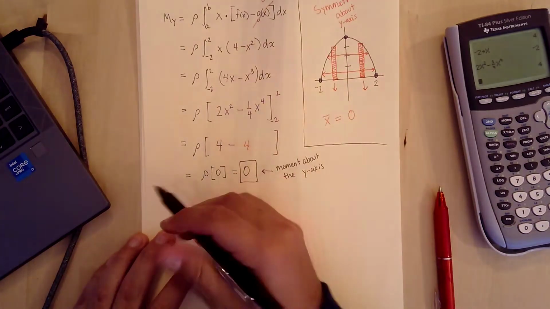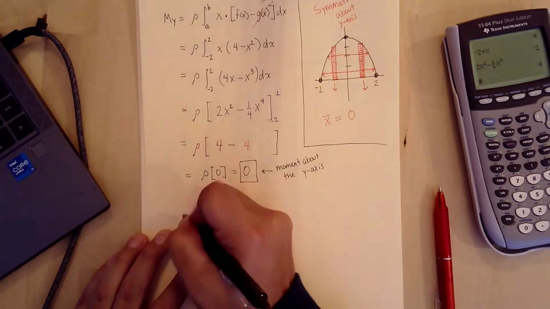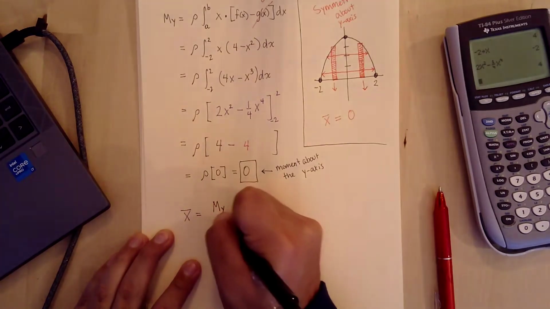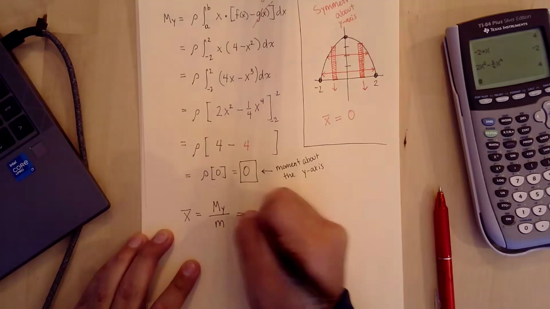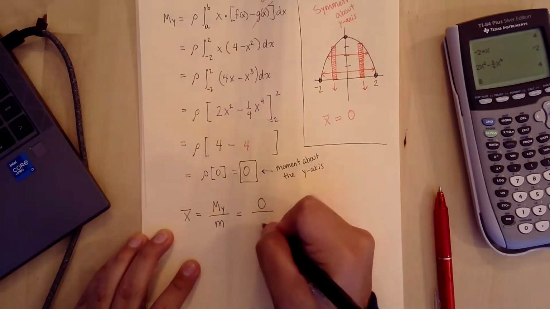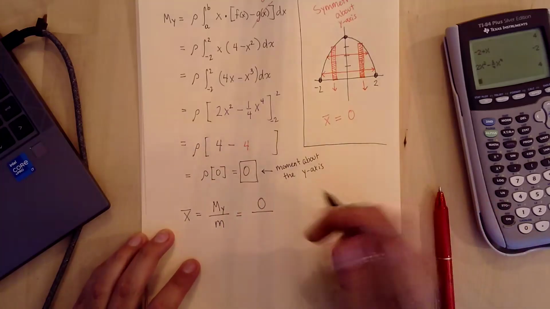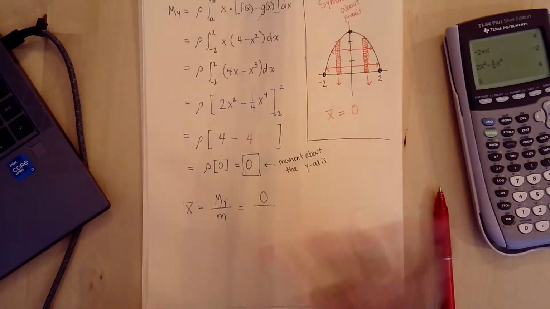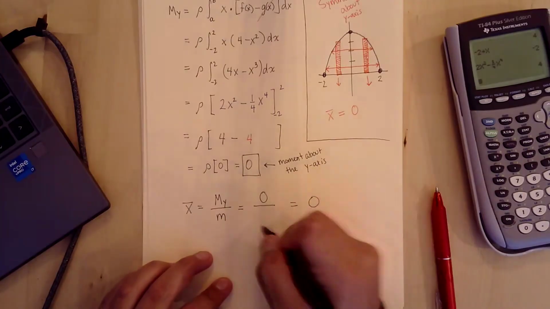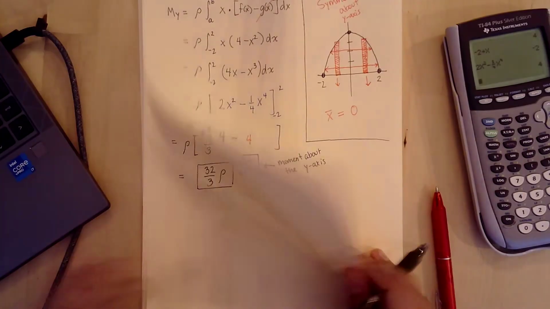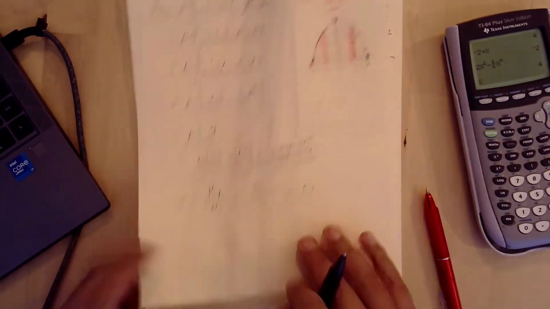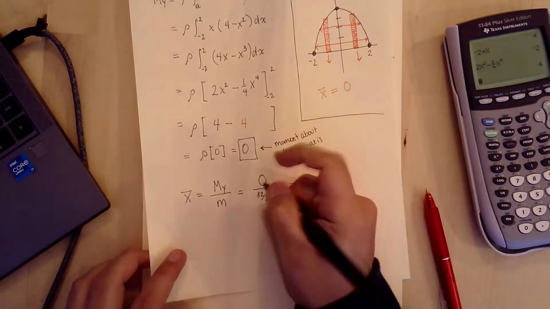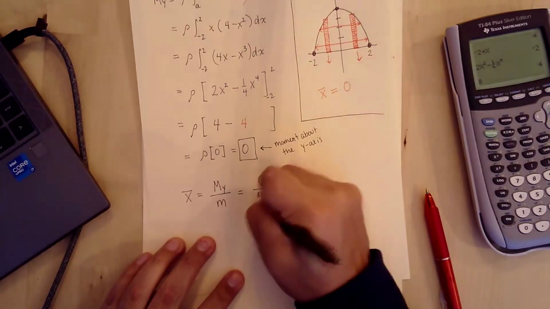We went through this calculus and found the moment about the y-axis, but remember, x bar is equal to m sub y over the mass, and 0 divided by anything is going to be 0. It doesn't really matter what that mass is, so it really doesn't matter that we found this mass before. And that mass was, sorry, 32 over 3 rho.